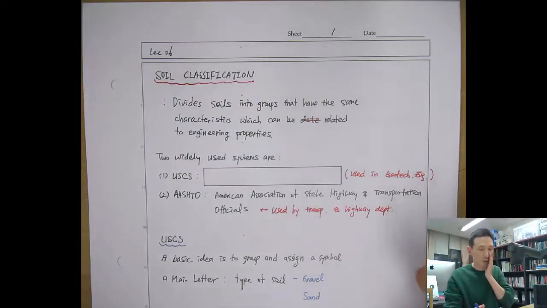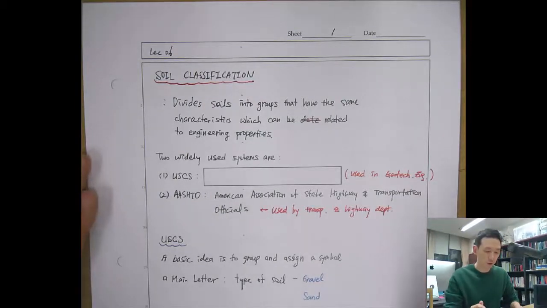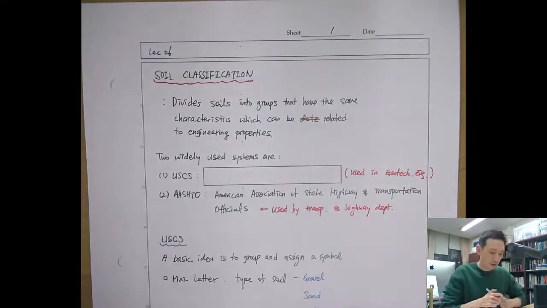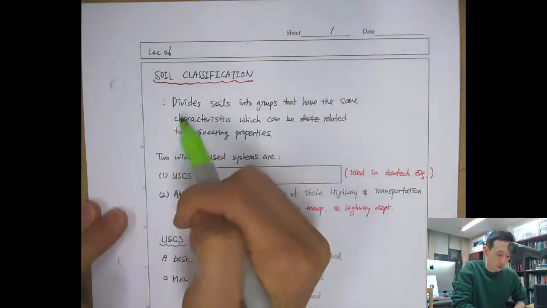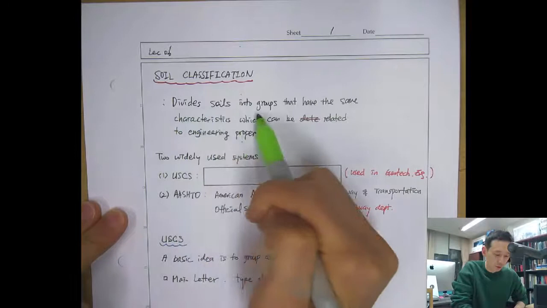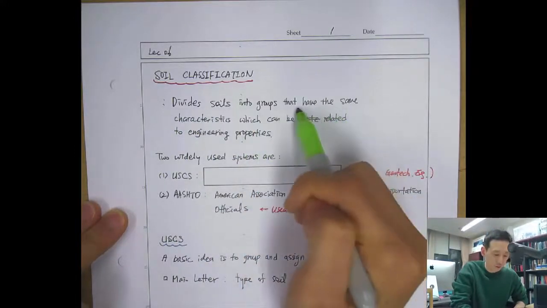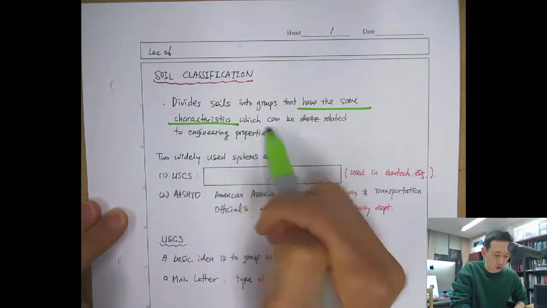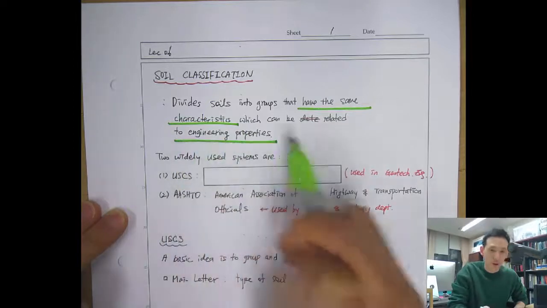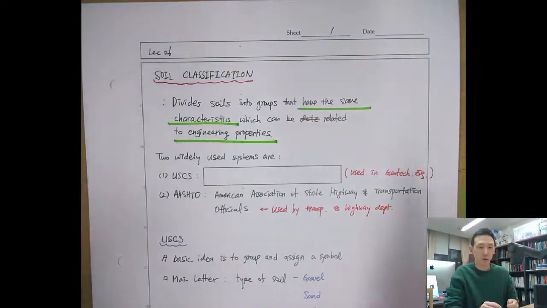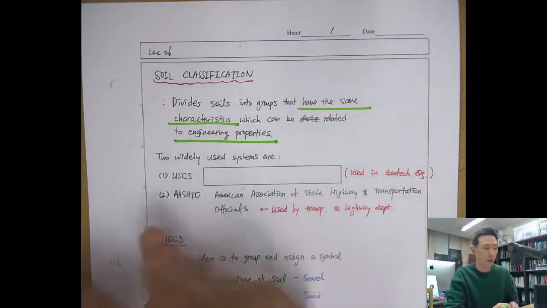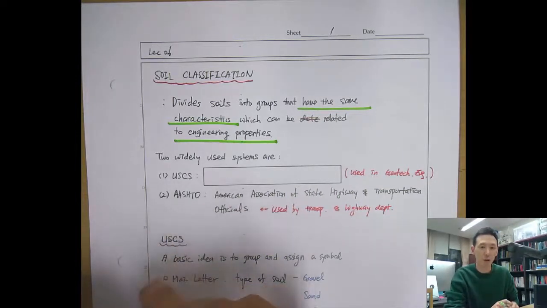So there are widely used classification systems, and today we'll cover one of them. A soil classification system divides the soils into groups that have the same characteristics, which can be related to engineering properties. Soil classification is a kind of language or terminology in geotechnical engineering.